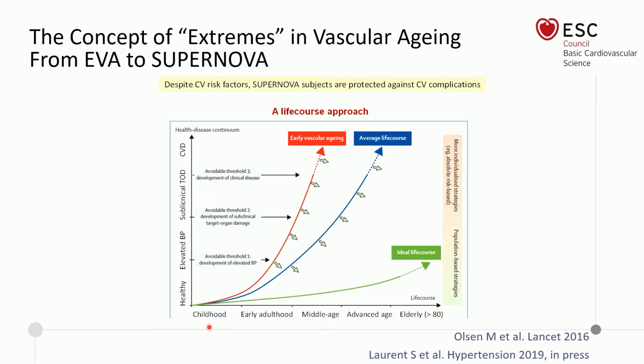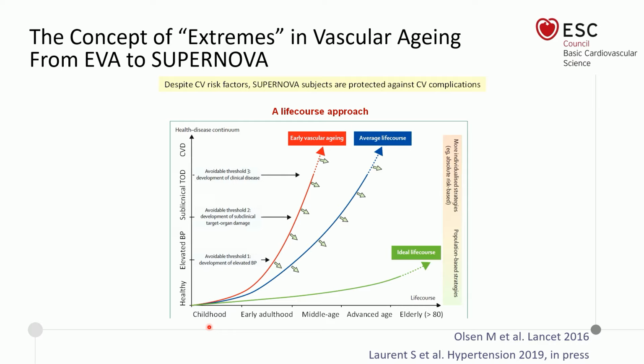So in the normal course, in blue, in advanced age, for example, there is occurrence of target organ damage in the heart, brain, and kidney. In the accelerated form of aging, named EVA, early vascular aging, shown with the red curve, there is a complete shift to the left. So at an early age, we can observe cardiovascular disease.